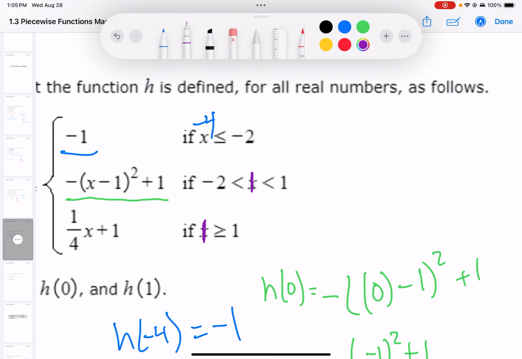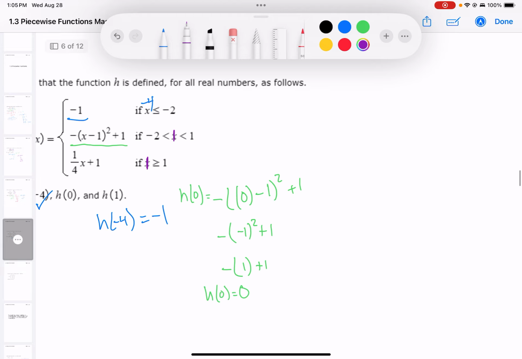And that's why this one works right here: 1 is greater than or equal to 1. So if I go h of 1 equals 1/4, and then 1 plus 1, that's going to give me 1/4 plus 1. So that's 1/4 plus 4/4, which is 5/4.